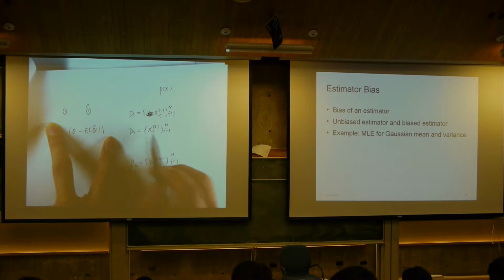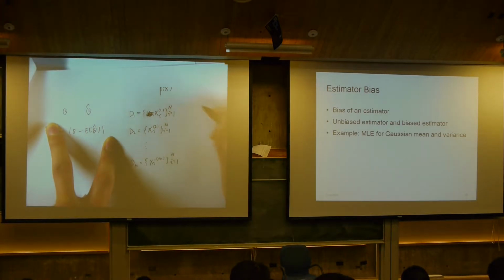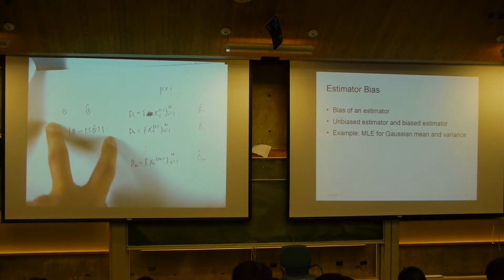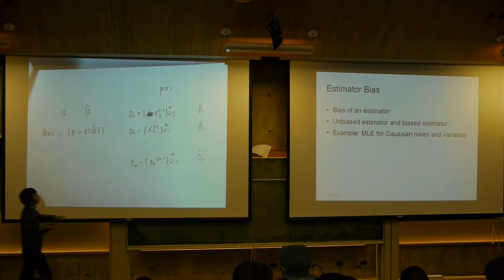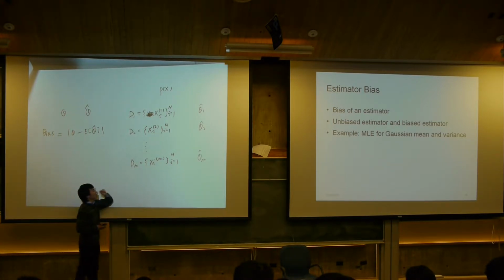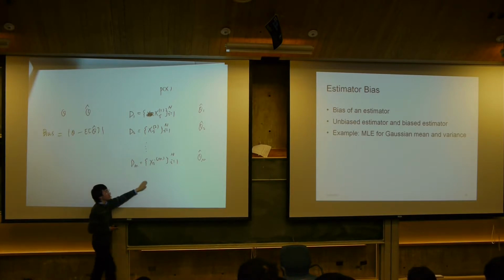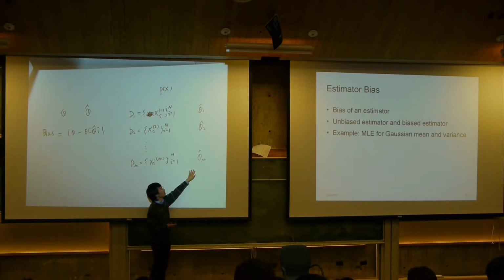For each of D1, D2, up to Dm, you can get an estimate: theta 1 hat, theta 2 hat, and theta m hat. And we have a probability over this data set, so we have a probability over this quantity.